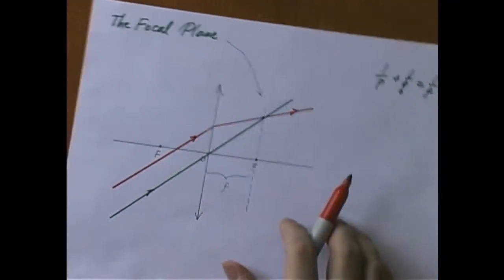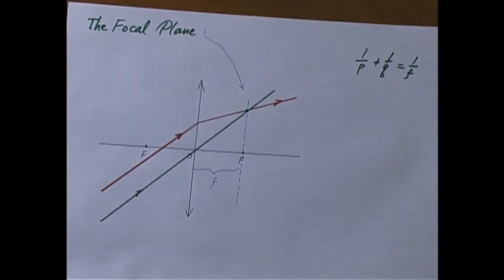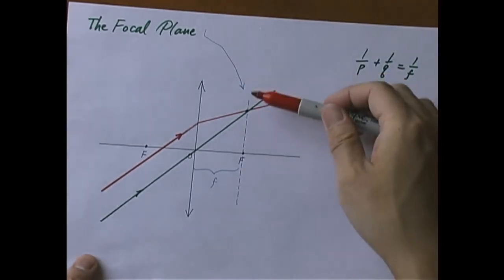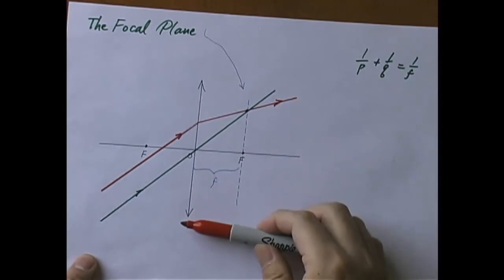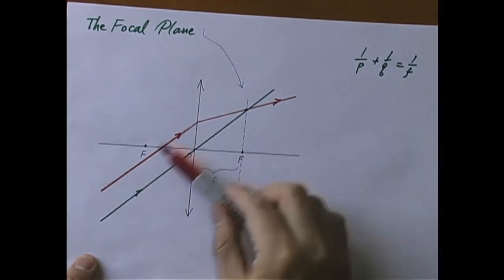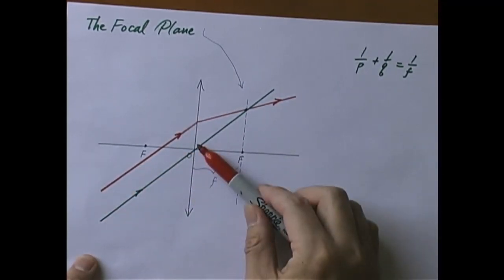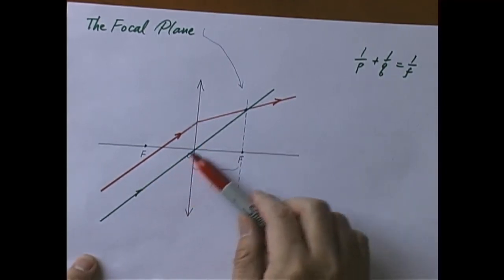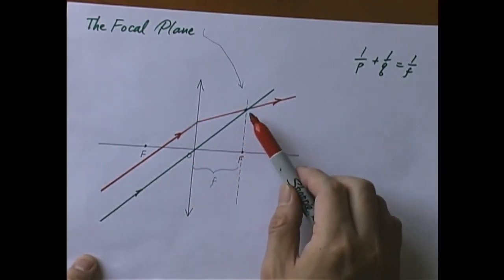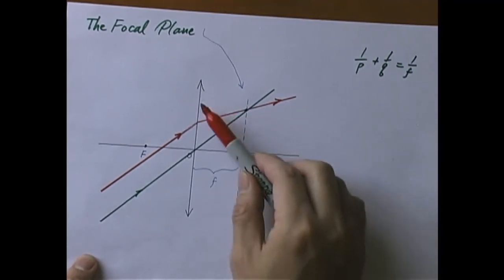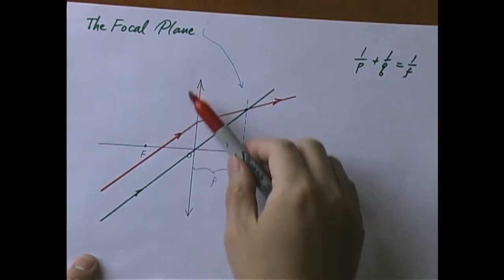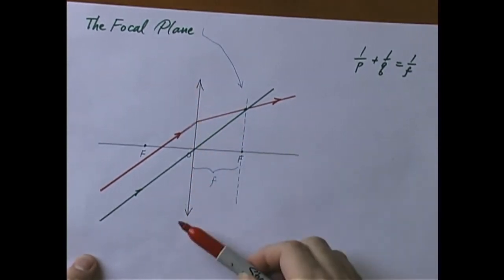Okay, so once again, what's the trick? The trick is to form a focal plane, which is a plane passing through the optical axis, passing through the focal point, parallel to the lens itself. Any parallel beams, after going through the lens, must focus at the same exact location on the focal plane, a distance f away from the lens itself.